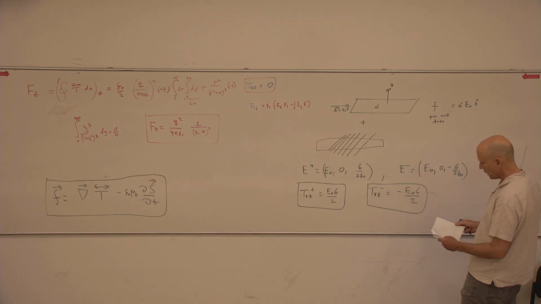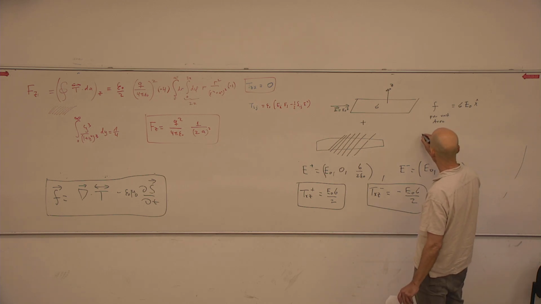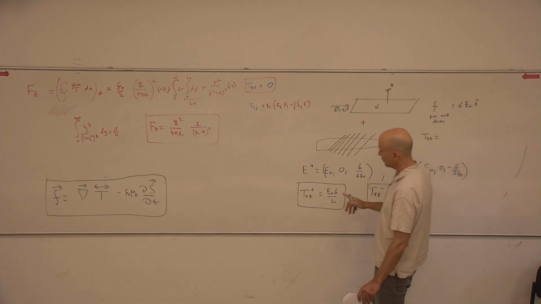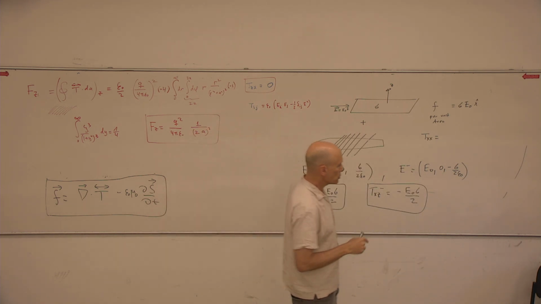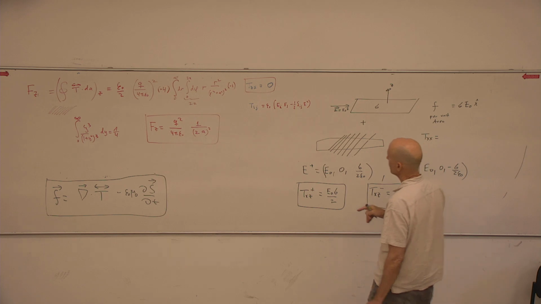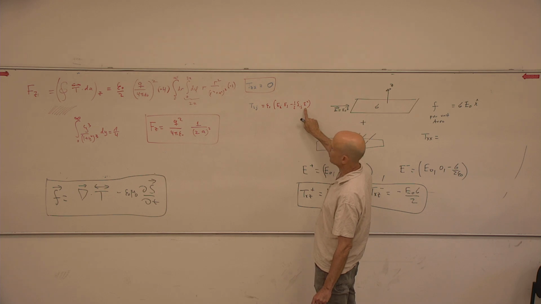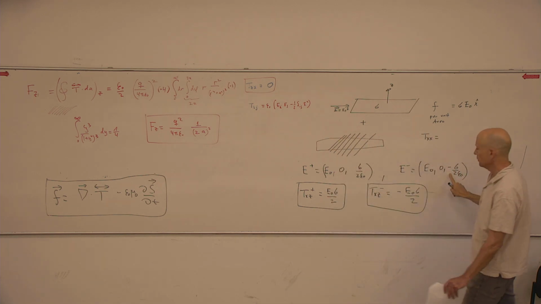Maybe we should calculate Txx, for example. Txx, if you think about it a little bit, is different. There is no difference between the up and the down. This is because of the squares, because here you see Ex squared, and here you have only the squares. The squares are not sensitive to this sign.